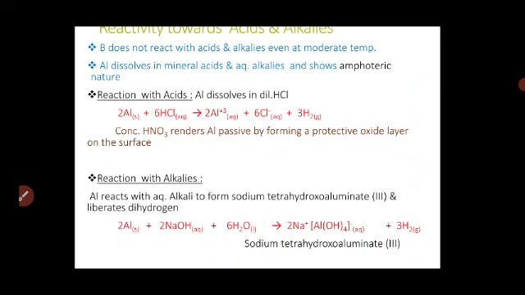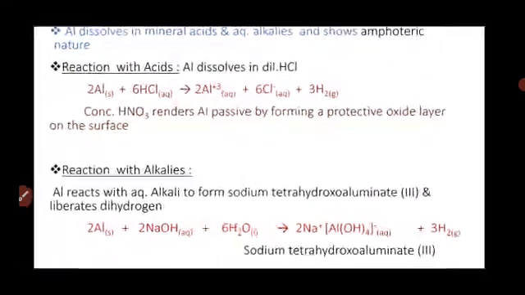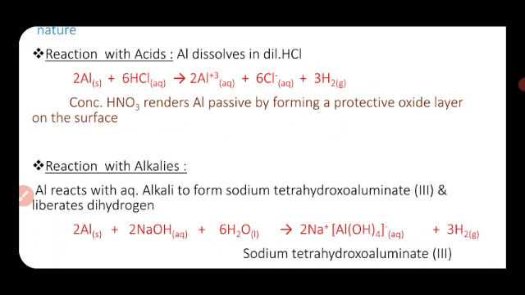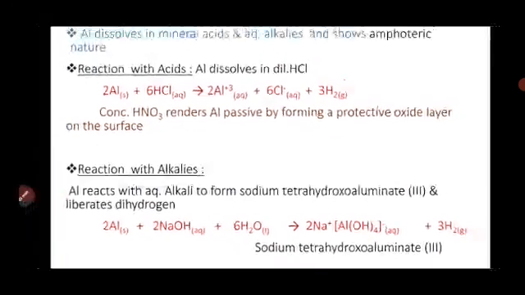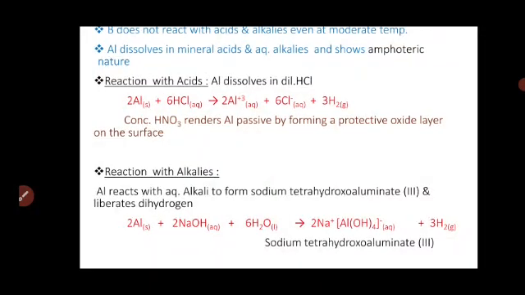Here the example is taken of aqueous NaOH. So Al plus NaOH plus water gives Na[Al(OH)4], that is sodium tetrahydroxoaluminate. 4 hydroxyl groups are there, therefore tetrahydroxo. As this complex has a negative ion, therefore aluminate(III). And here also in this reaction hydrogen gas is liberated.